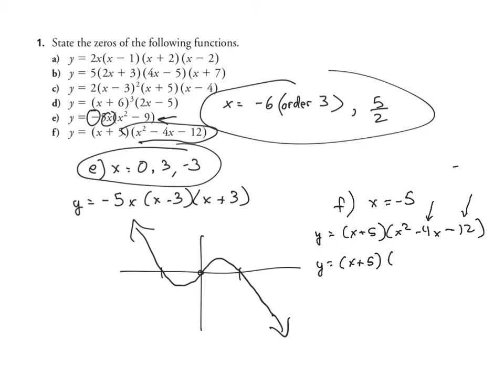That would be negative 6 and positive 2. So x minus 6, x plus 2. You can double check by expanding this to see if it equals this. Anyway, your x values that make this 0 are negative 5, positive 6, and negative 2.